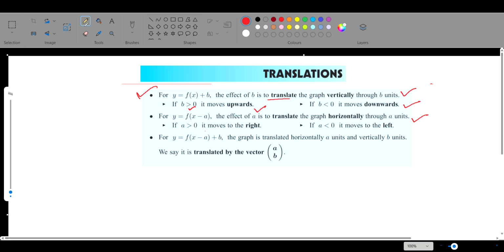If a is greater than 0, it moves to the right; if a is less than 0, it moves to the left. And f of x minus a plus b means translated horizontally a units and vertically b units, represented by the translation vector (a, b), a being the horizontal and b the vertical.